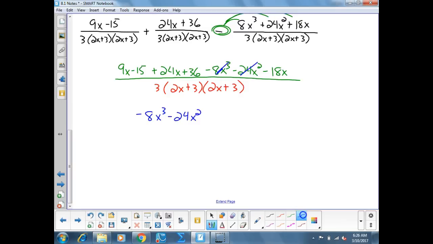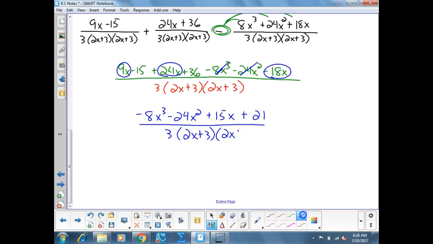Minus 9, so that's plus 15x from there and there, because that's 33. And then minus 18 is plus 15 there, and then plus 21. And all of that is over 3 times 2x plus 3 times 2x plus 3.